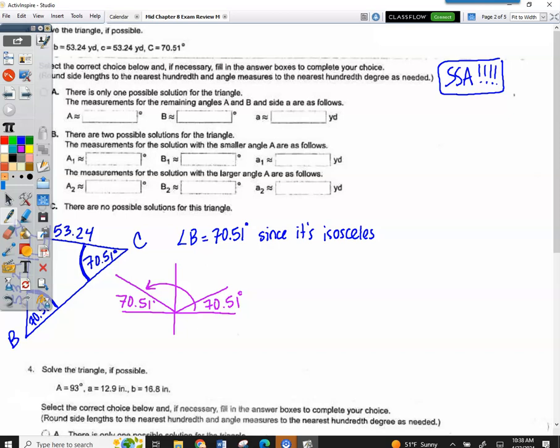What would the obtuse angle be if you have a reference angle of 70.5?